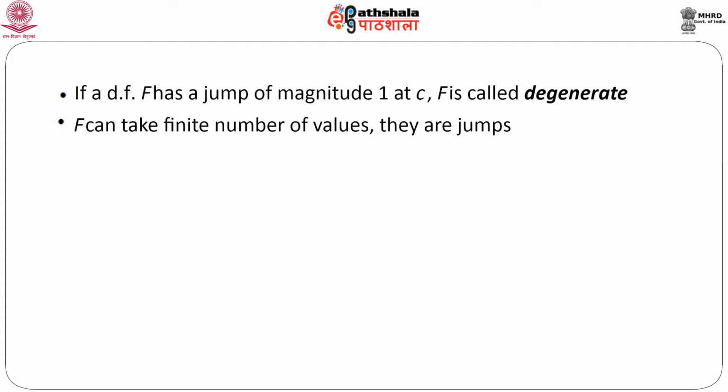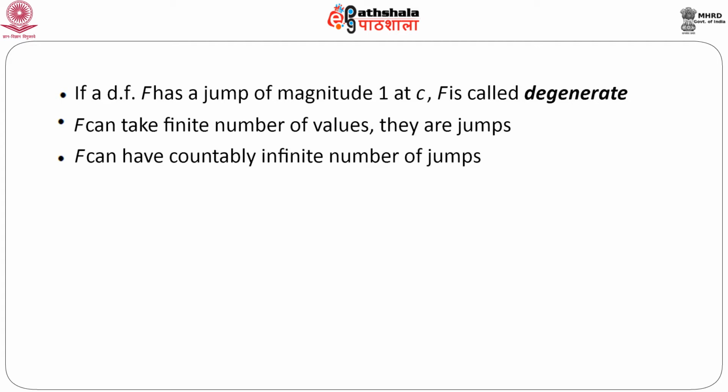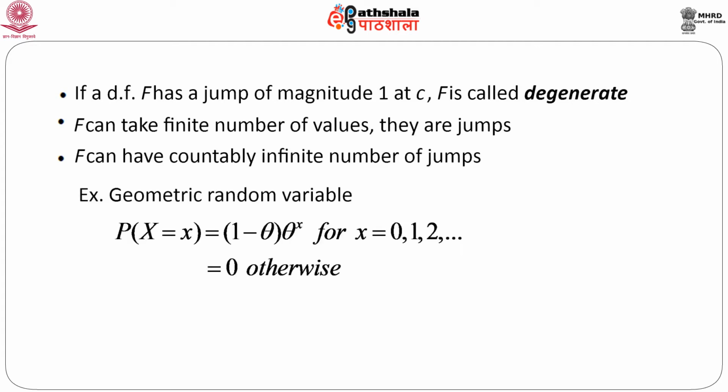F can also have a countably infinite number of jumps. As an example, let us consider the geometric random variable, where probability of capital X equals small x, which is nothing but the amount of jump of capital F at x equals small x, is given by 1 minus theta into theta to the power x.